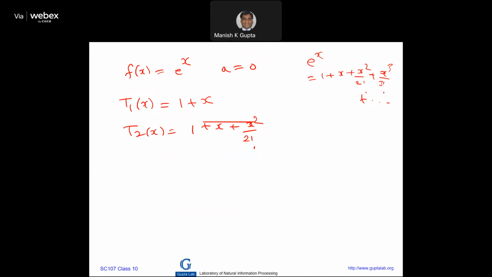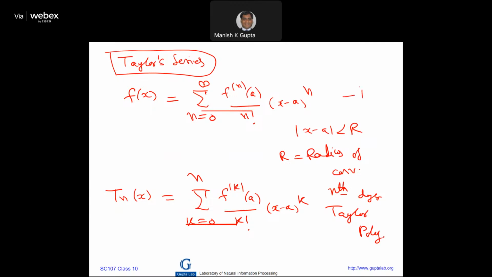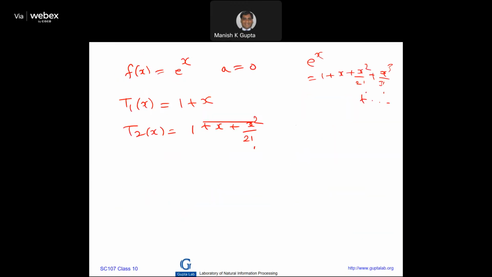Now, if this series is convergent, then basically limit n tends towards infinity, Tn of x, the Taylor polynomial, should give us the function f of x. This should happen, obviously, because series is convergent.